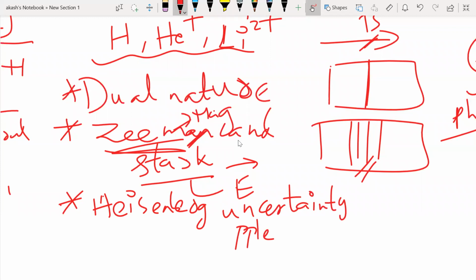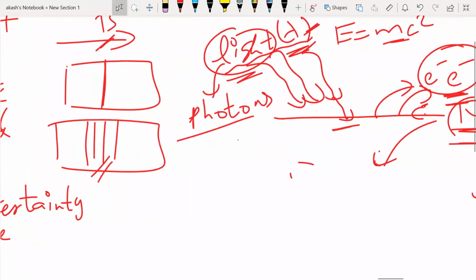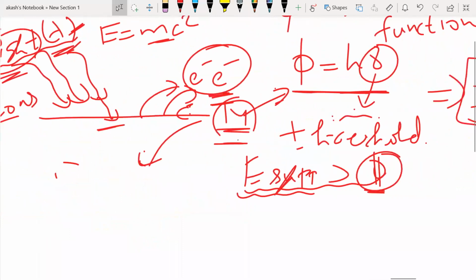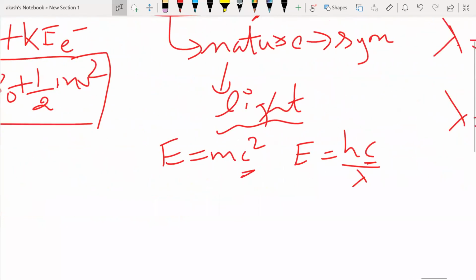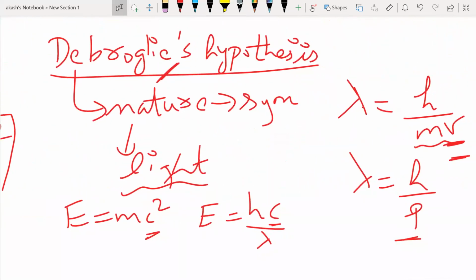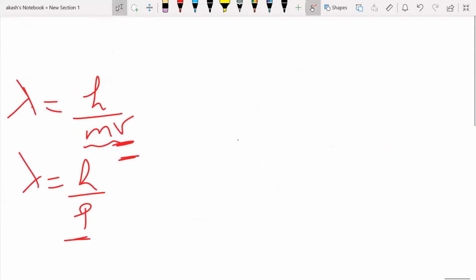Heisenberg's uncertainty principle was a demerit of Bohr's theory. So dual nature we first found out: first the photoelectric effect, then de Broglie's hypothesis. We found out what de Broglie's wavelength lambda is. And now we are going to see what Heisenberg said. So please take down the statement, people. It's a very important statement.